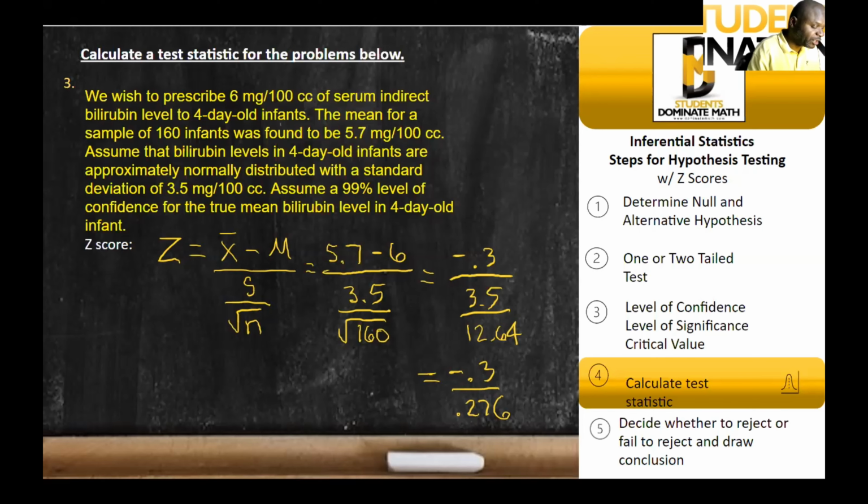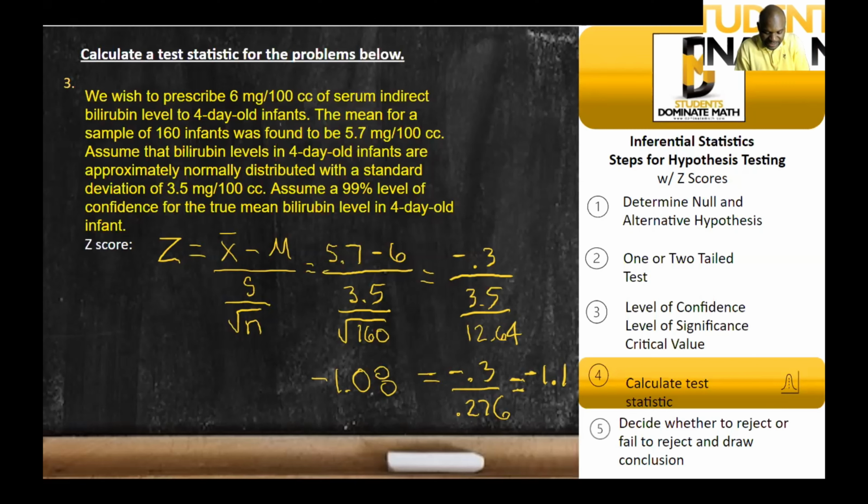And what you end up with is roughly negative 1.1. It's actually negative 1.08. All right, so that's our test statistic.